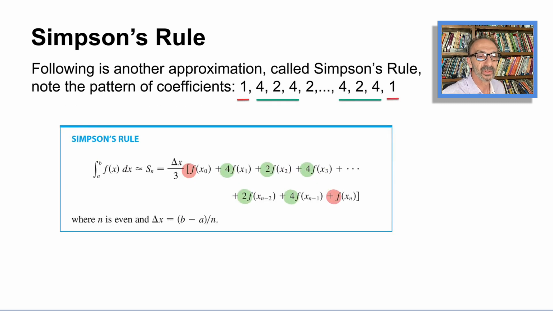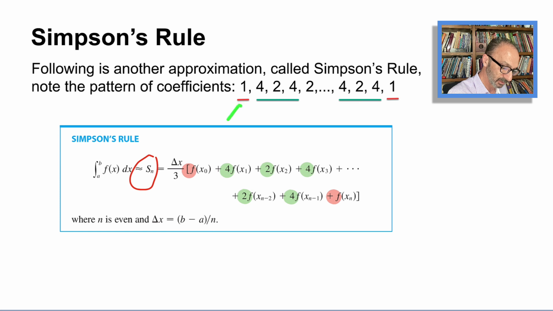Simpson's rule as an approximation to the integral, as you can see right here, we are dealing with delta x over 3, that's something to keep in mind, over 3, and inside, notice the coefficients.